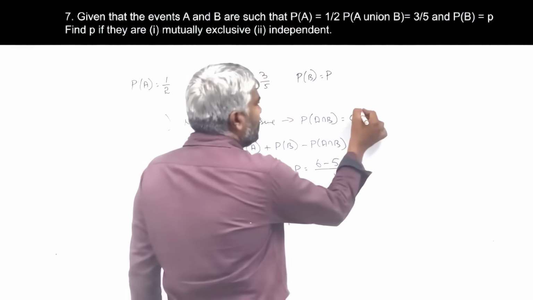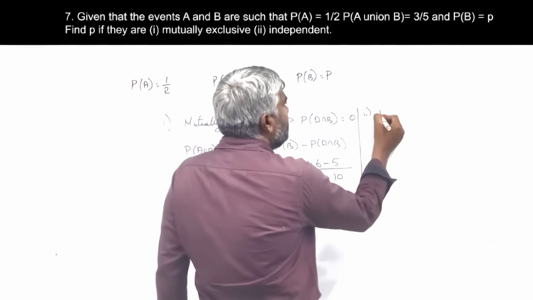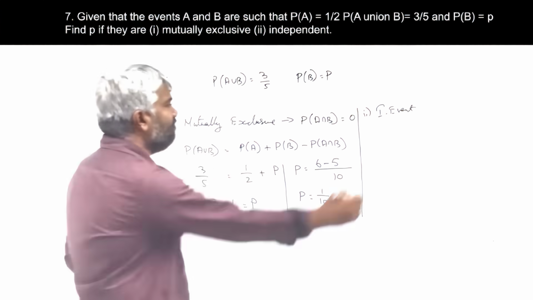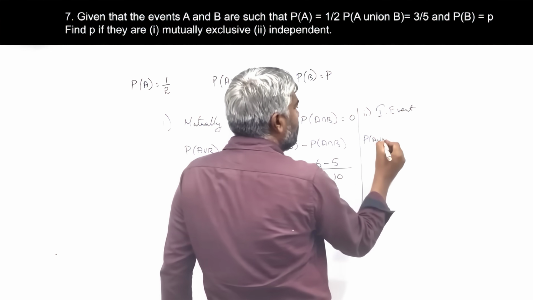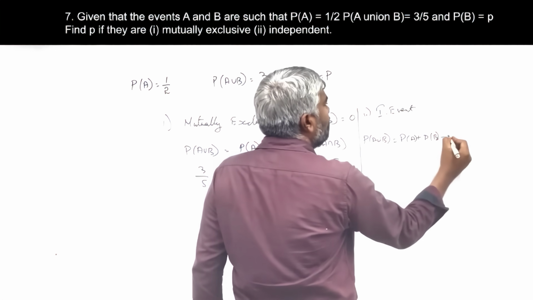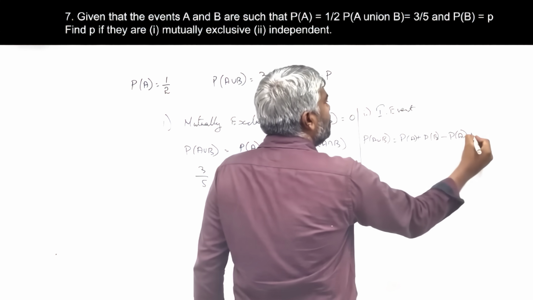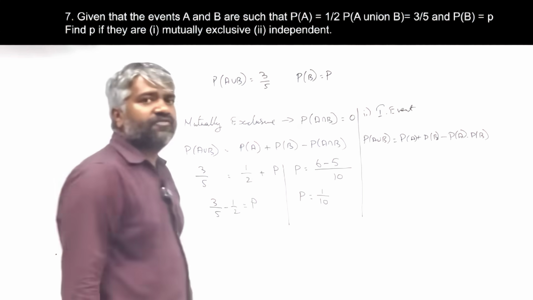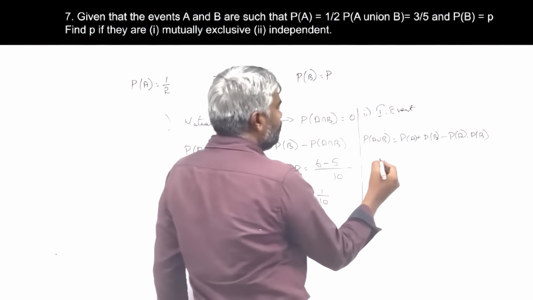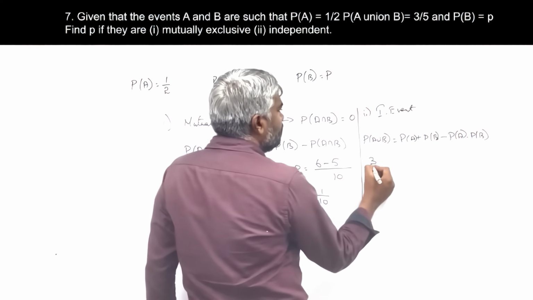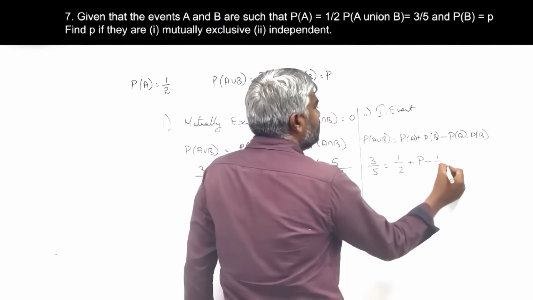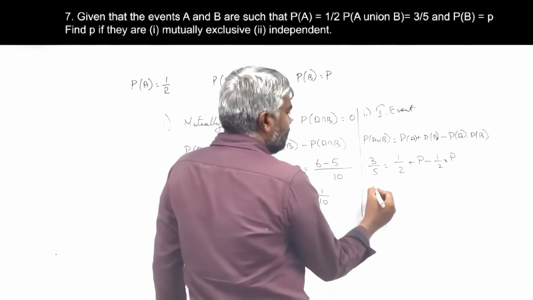Now we will go to the second case. What is the second case? Independent events. We are very familiar with independent events. We are going to use the same formula: P of A union B equals P of A plus P of B minus P of A intersection B. A intersection B can be written as P of A into P of B. Why? Since it is an independent event, A intersection B can be taken as P of A into P of B. What is A union B? 3 by 5 equals 1 by 2 plus P minus 1 by 2 into P. Bring this 1 by 2 here.